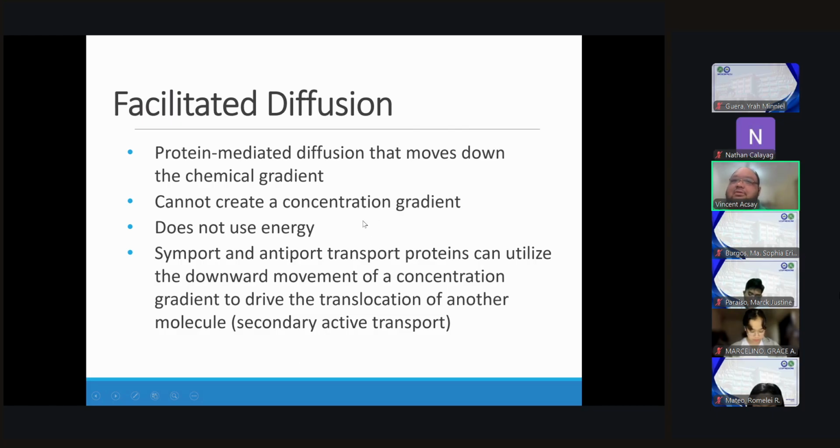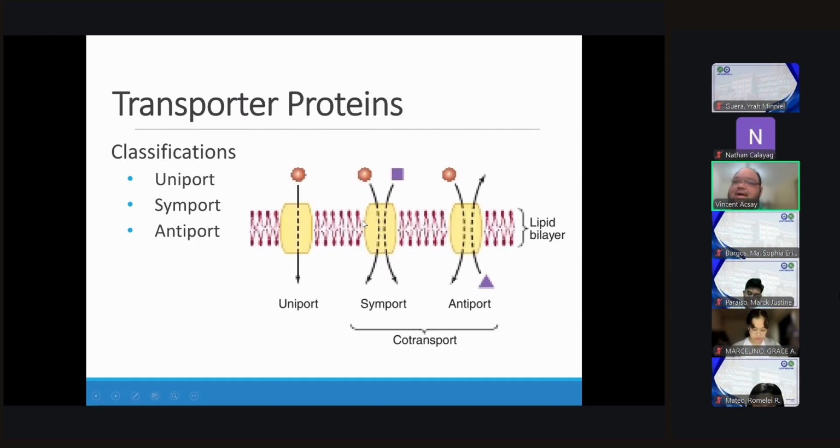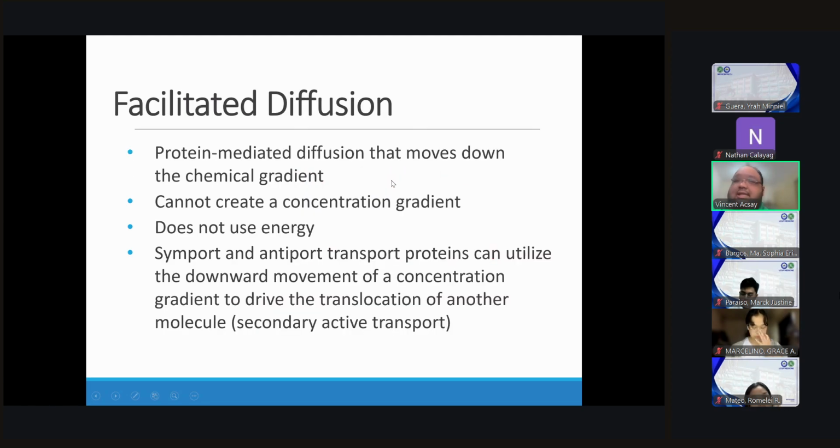So now that we've gone through the methods of protein-mediated transport, let's see its examples. First is facilitated diffusion. This is a protein-mediated form of transport that moves down the chemical gradient still.